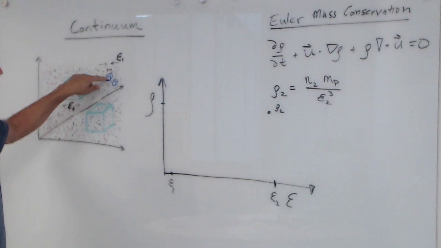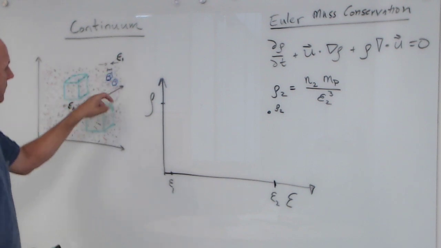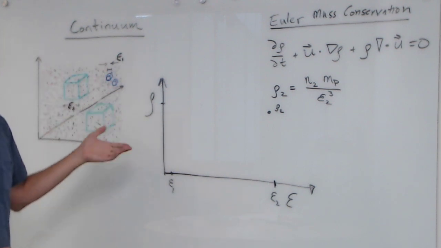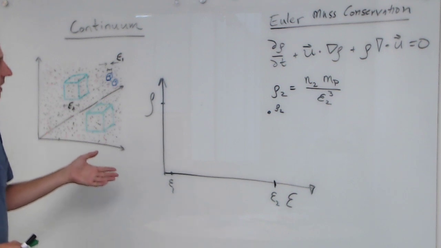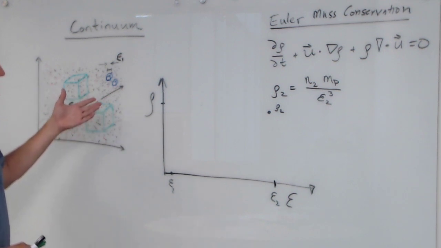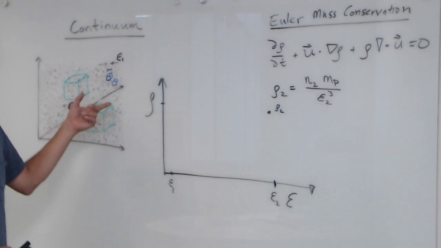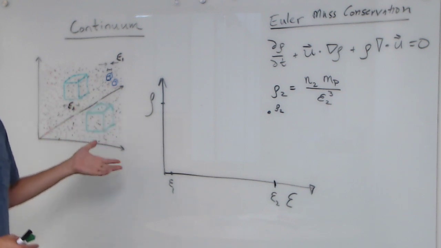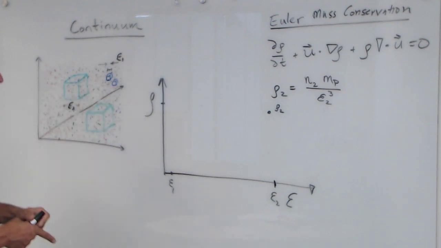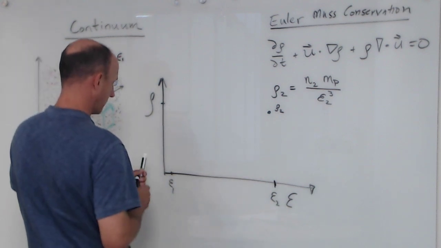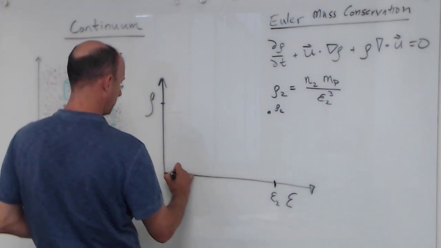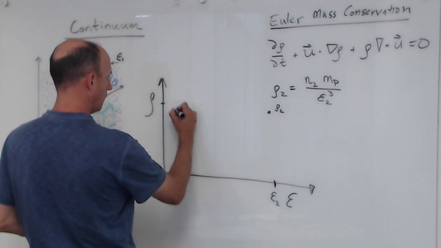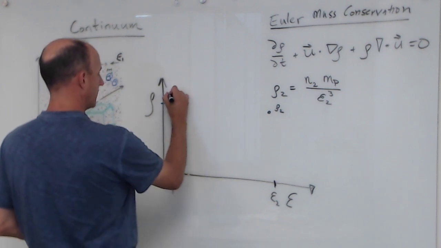But if I put the box in a slightly different location, I can see a couple of molecules inside the box. So what I'm seeing now is that depending on where I put the box, I might get a different estimate of the density. So now, on my plot here, I might be down here with a density of 0, or I might be up here with some other density.